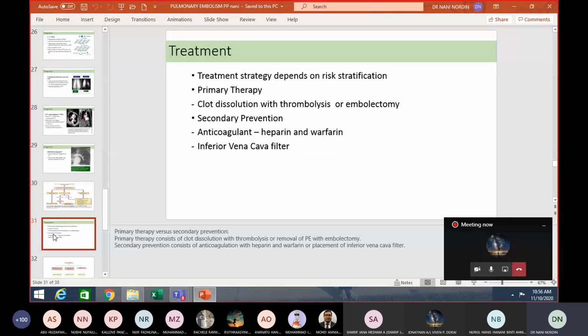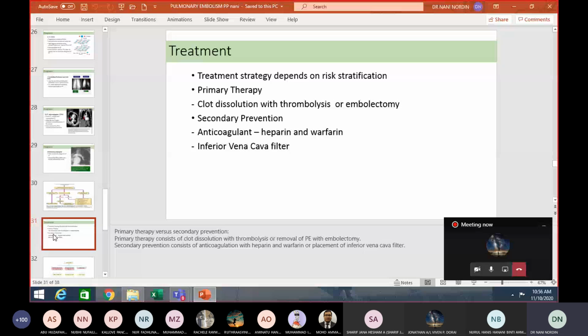All right, so very quickly, we go for a treatment. So how do you want to treat this patient? If you have diagnosed this patient with pulmonary embolism, how are you going to treat? Okay, so it can be primary therapy or secondary therapy.